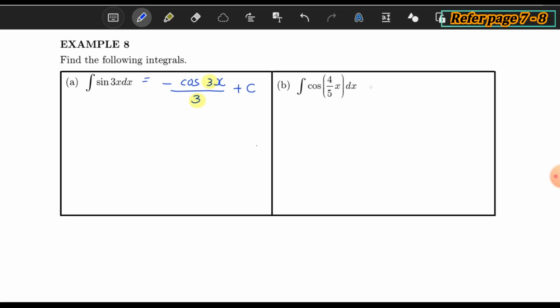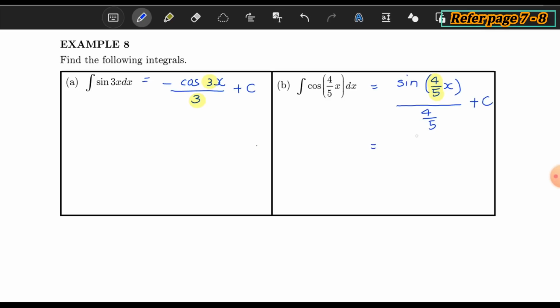Part B. Integrate cos of 4 over 5 x equals positive sin of 4 over 5 x. And we need to divide by the derivative of the angle, so divide by 4 over 5, plus c.